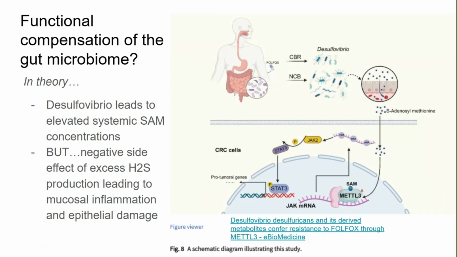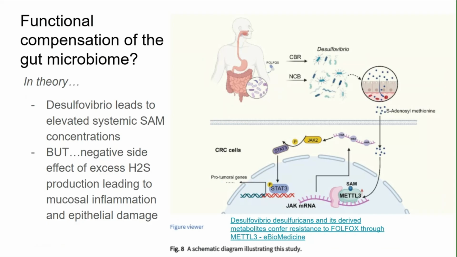And so, in theory, it could be that you're not very good at producing your own hydrogen sulfide from your transsulfuration pathway, and maybe that's why you grew the Desulfovibrio bacteria. But it's also possible that you're bad at making SAM, which is a methyl donor that we use in our body for various reactions. So it's S-adenosyl methionine.